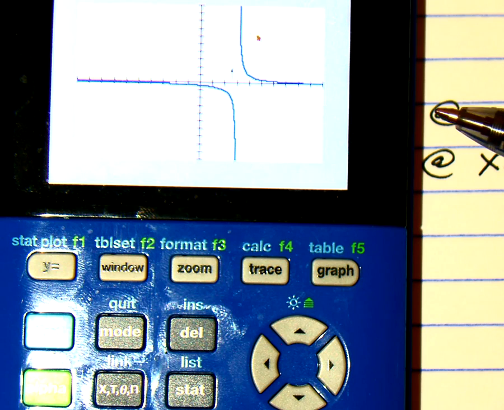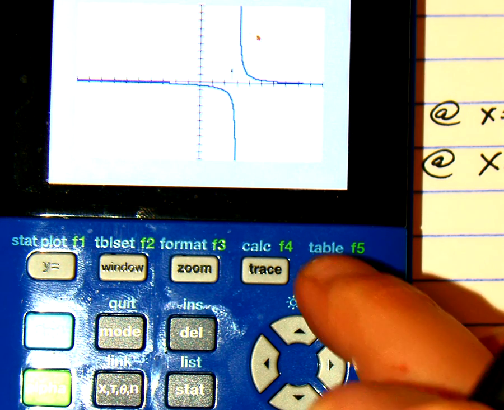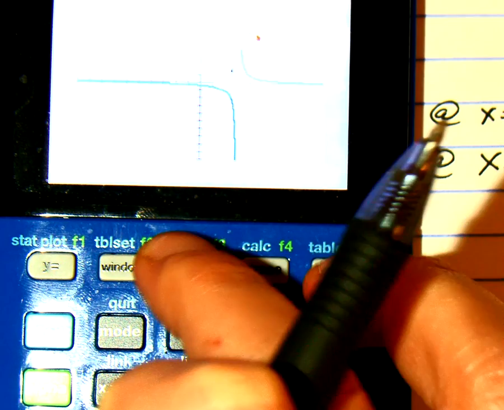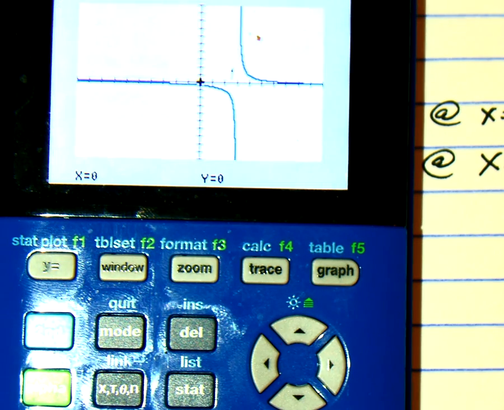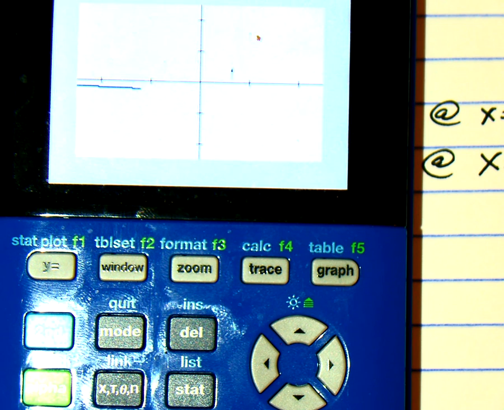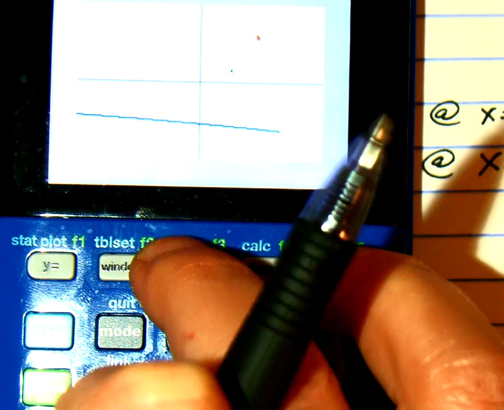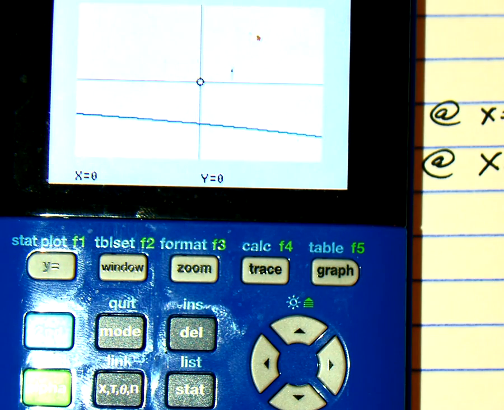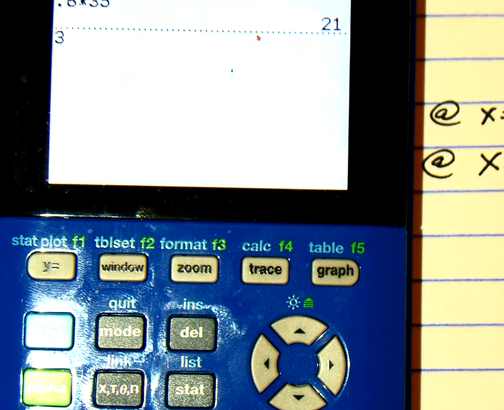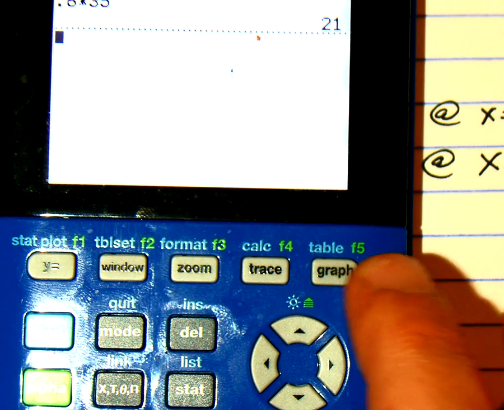Now we had another critical value, and that was at 1. Looks like my calculator went right through there. Anyway, we're going to zoom out now.